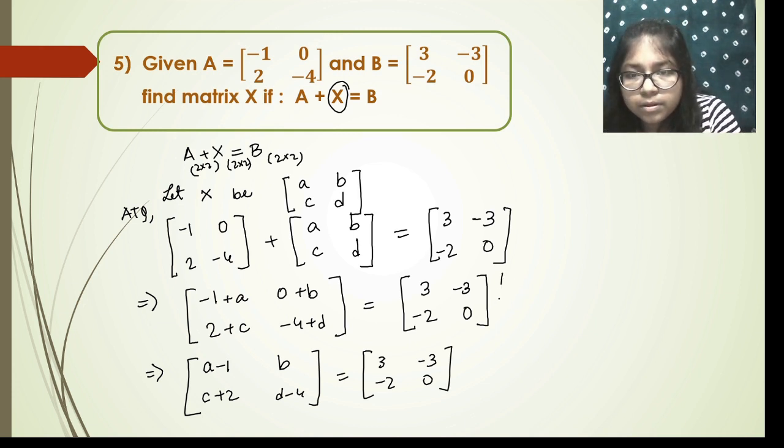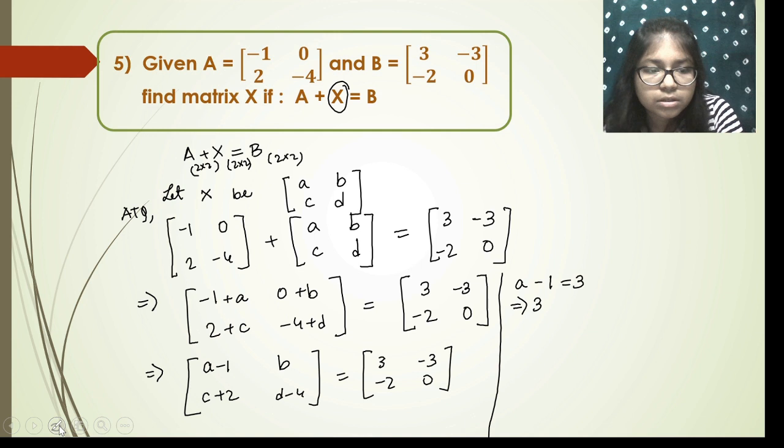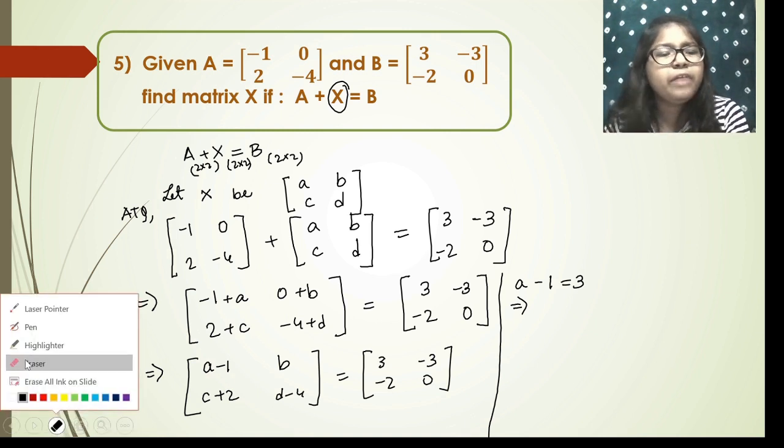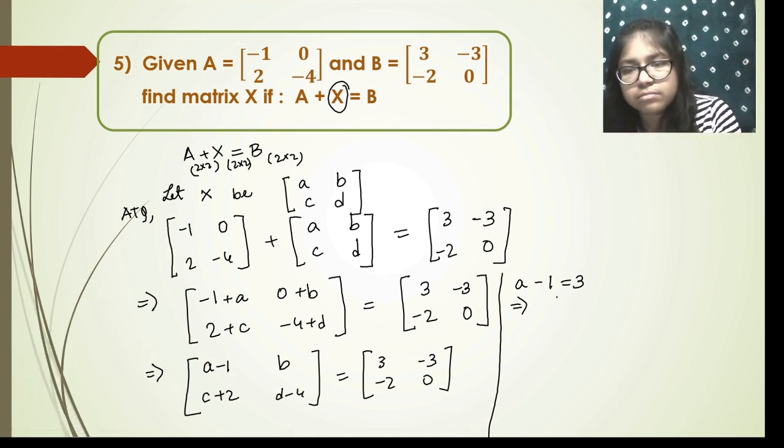So I'm writing here, okay, please manage. A minus 1 equals to 3. A equals to 3 plus 1 is 4.